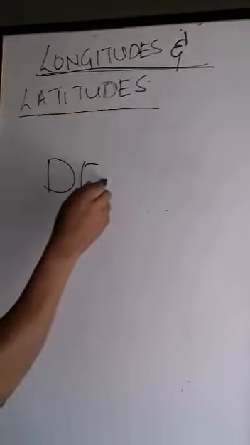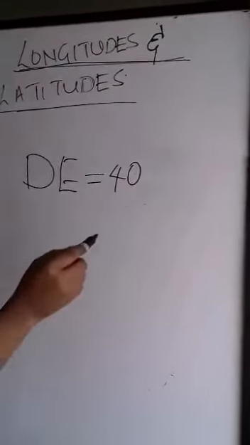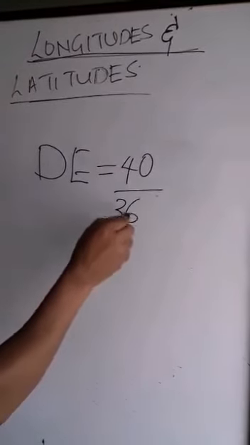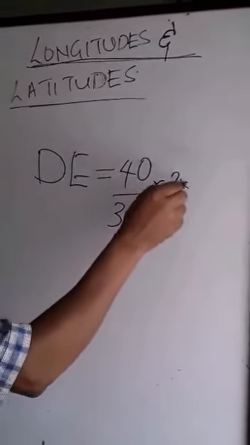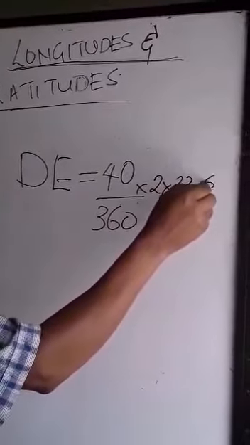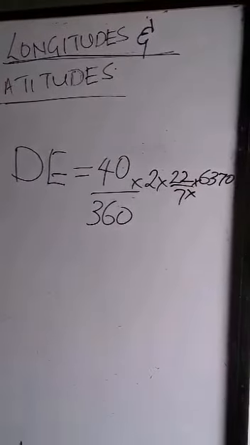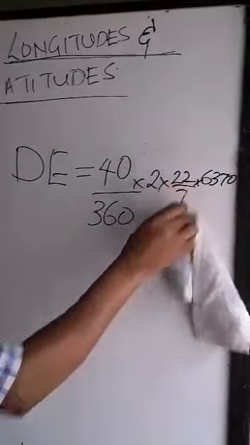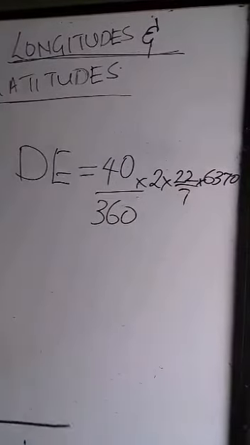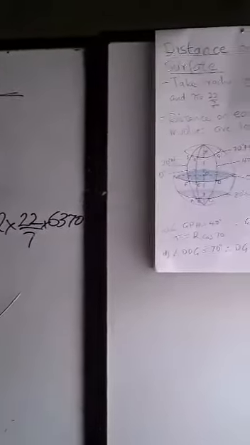And therefore, arc length DE will be the angle it subtends at the center over 360 times 2 times 22/7 times the radius of the Earth, 6370, because it lies on the equator, which is a great circle. So the distance on the Earth's surface from D to E is this one.